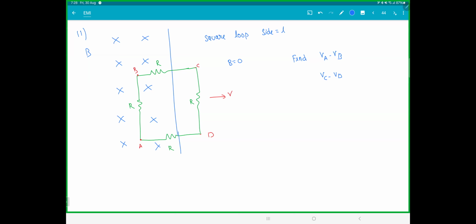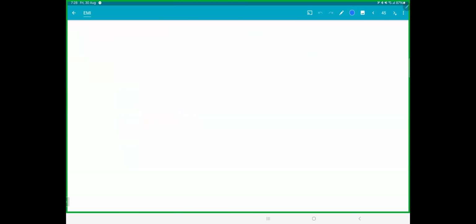Looks right, Ishan. Let's see. First thing, let's use Faraday's law and try to solve. See what happens.